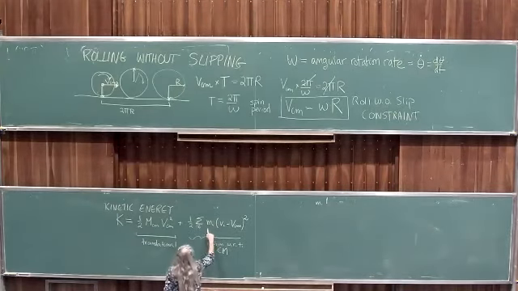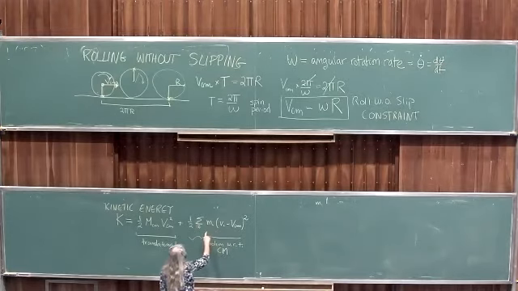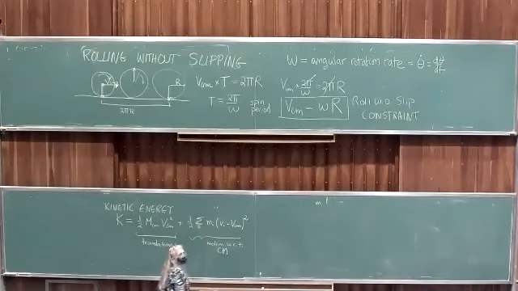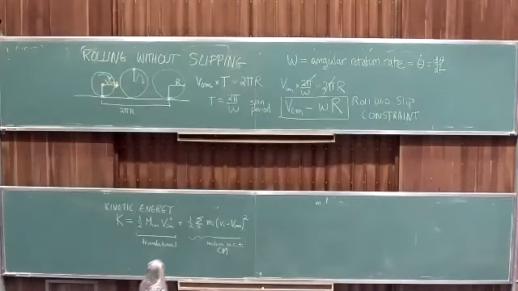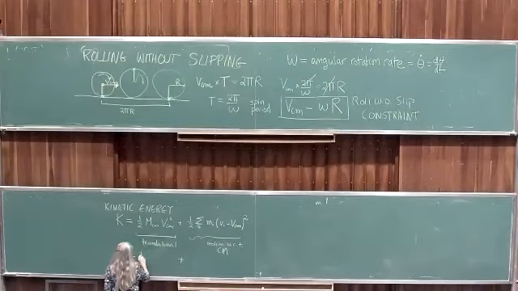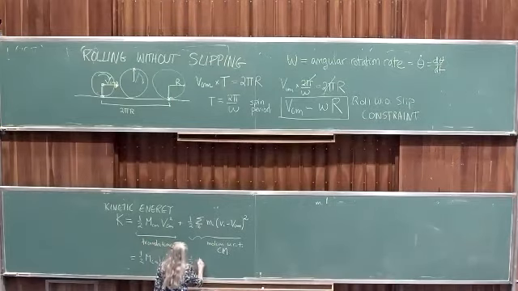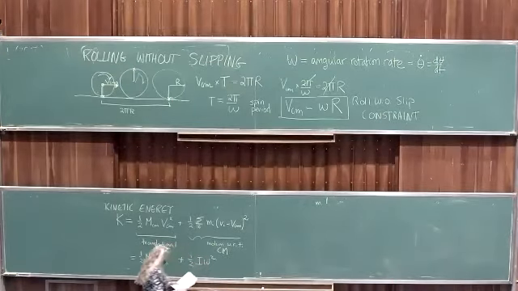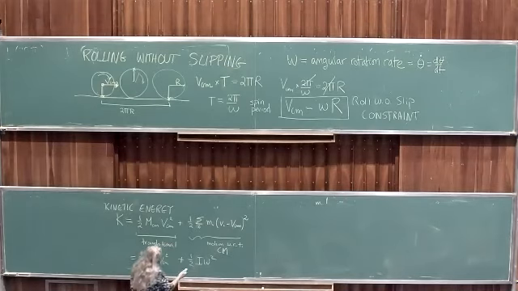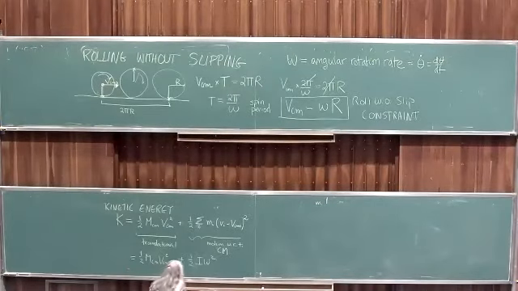And so this thing is an integral over mass times radius squared times the angular rotation rate. So let's rewrite it: 1/2 I omega squared, where this is computed for an axis that goes through the center of mass.